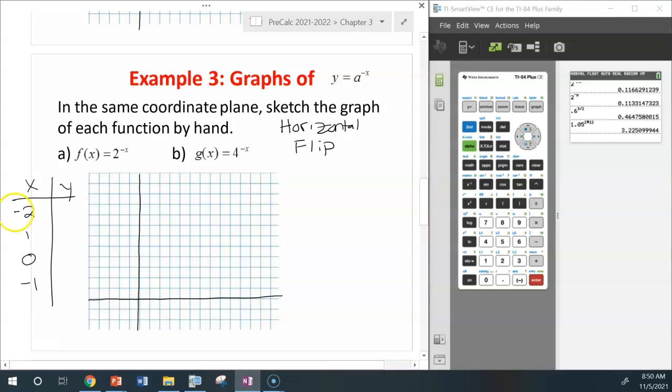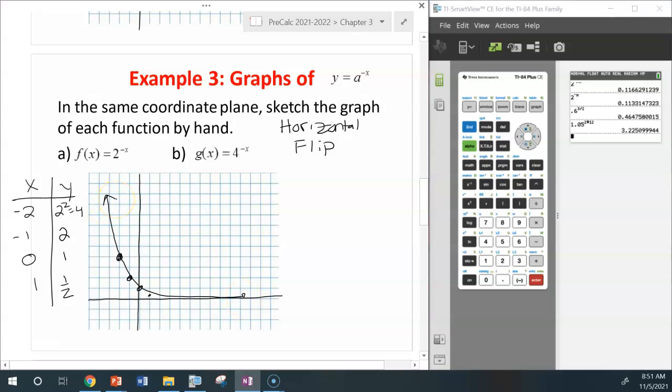How about -2, -1, 0, and 1? I like that better. So 2 to the negative of -2 is going to be 2 squared. That equals 4. 2 to the negative of -1 is 2 to the 1, or 2. And then we have 1 and 1/2. So at -2, we have 4. At -1, we have 2. And then try to make a smooth curve through here.